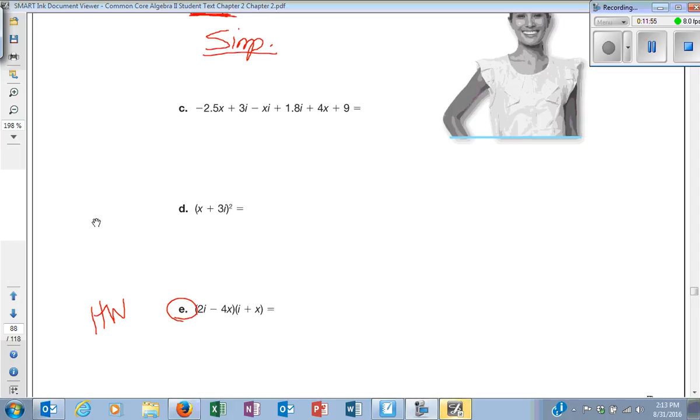So here we go. Let's start with C. I'm going to color code this, so this hopefully will make this easier. Can we combine this with anything? We can combine this with this. We can combine i's with i's. Here we go.